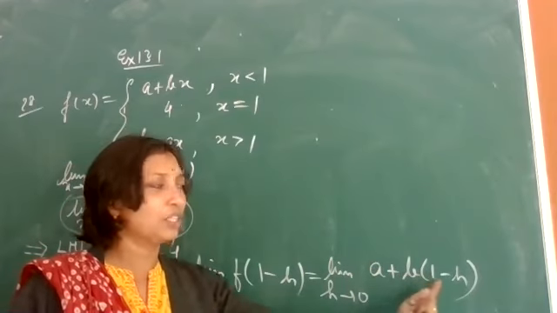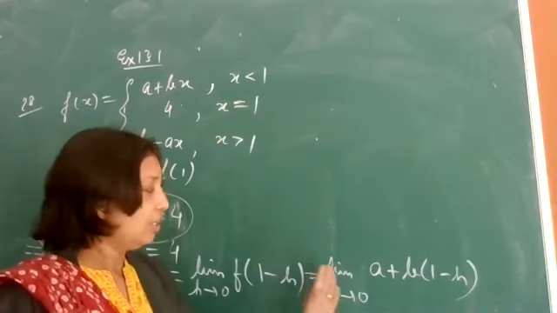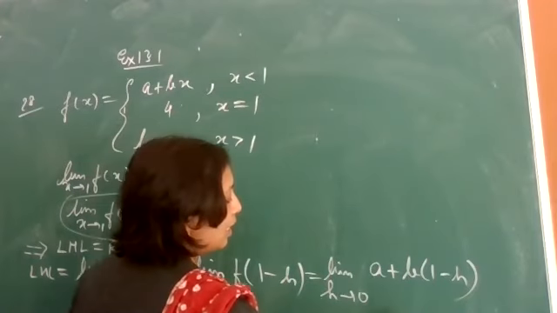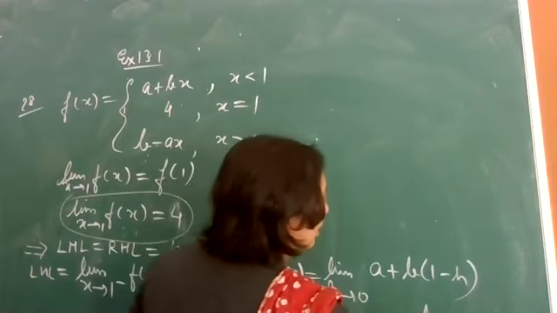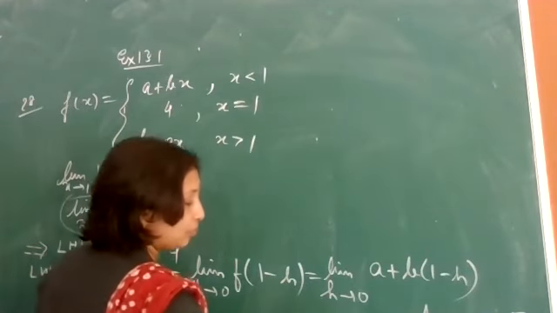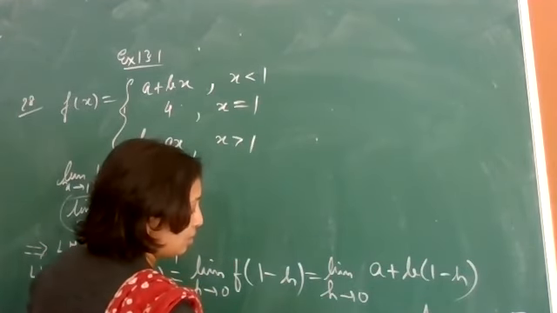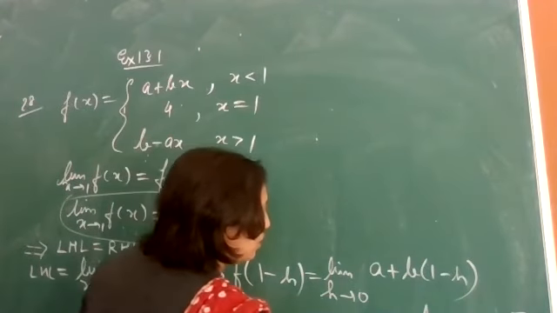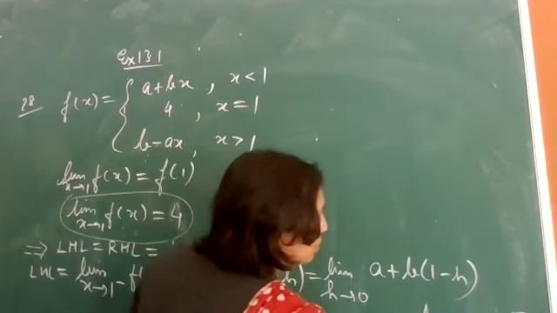We can write it as a plus b minus bh. Let's put h tends to 0. We get the answer as a plus b. Let's take it as 1. And this is equal to 4, right? So we can just take it as we have a plus b equal to 4. This is 1.